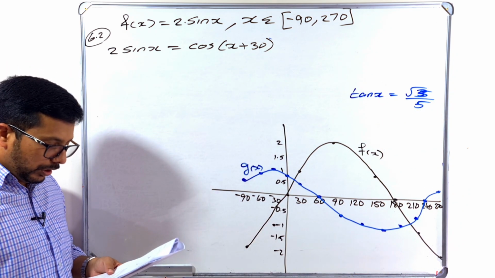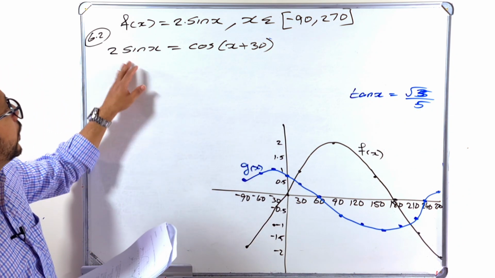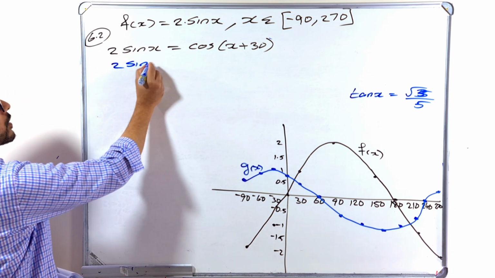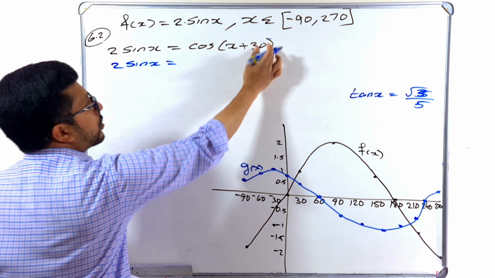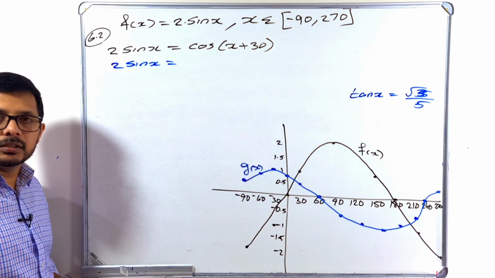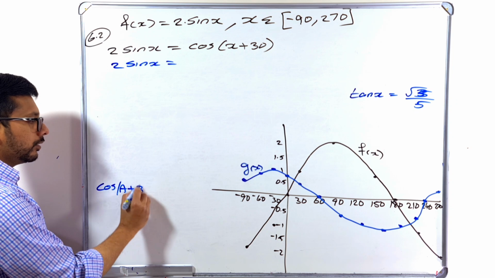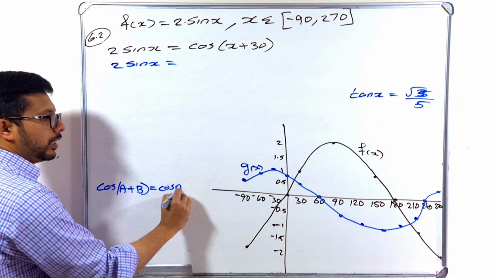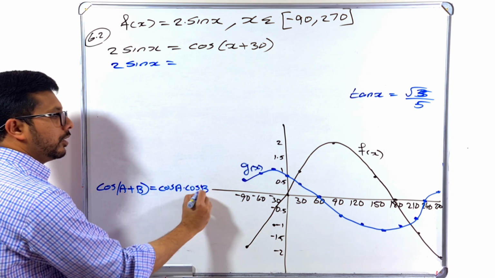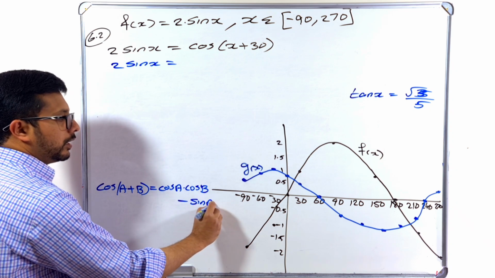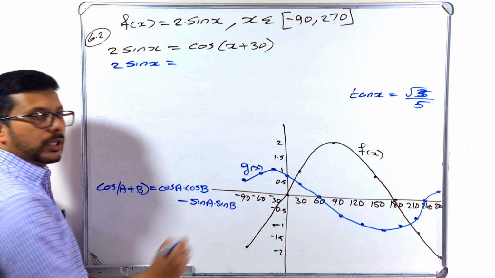Okay, so here we have to simplify this one. So 2 sin x is equal to cos of a plus b. What is the equation that you studied? What is the expansion? It is cos a times cos b. Here it is plus, so you have to write minus sin a times sin b. This is the formula that you studied.